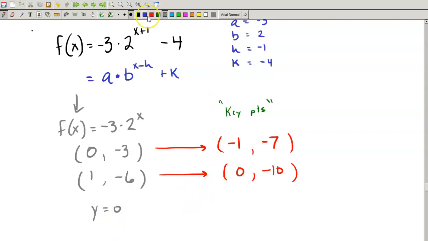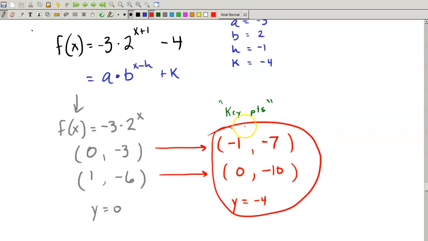But since our new graph has a k value of -4, the asymptote is going to be -4 because we're shifting everything down 4. So we're going to go from y equals 0 to y equals -4 for the asymptote. So for this problem, my two key points would be that. My asymptote would be y equals -4, and the range is y is greater than -4.